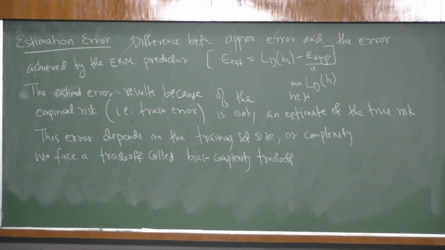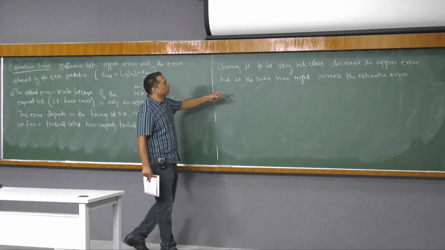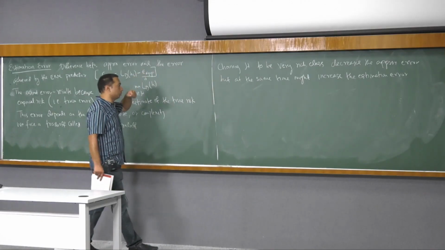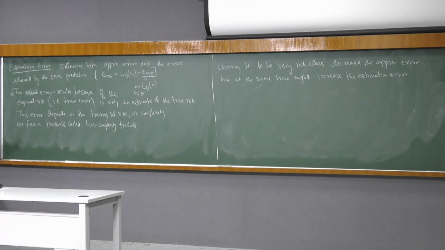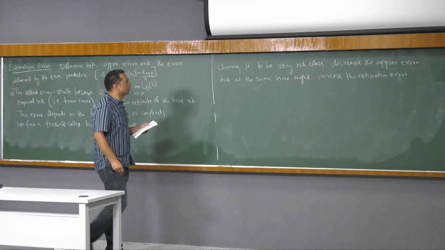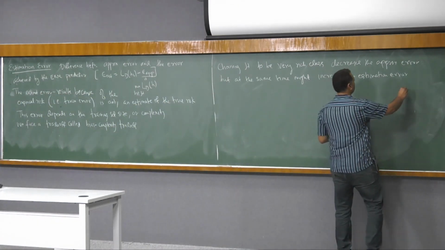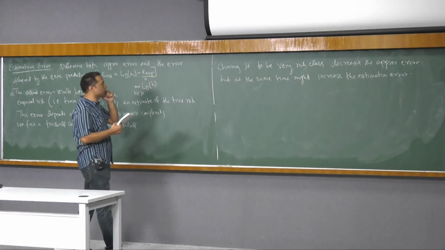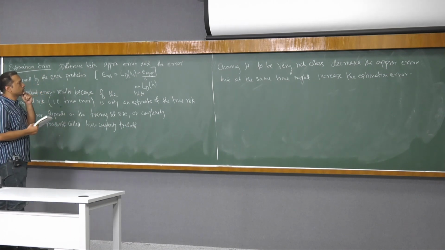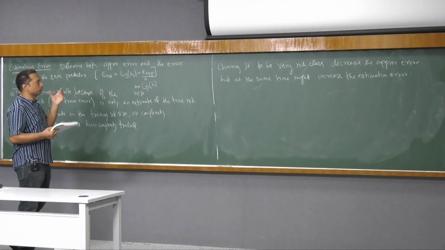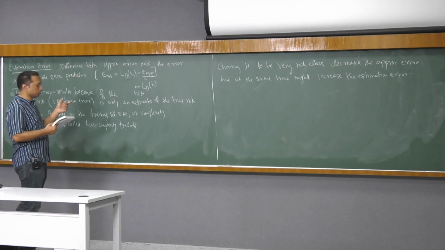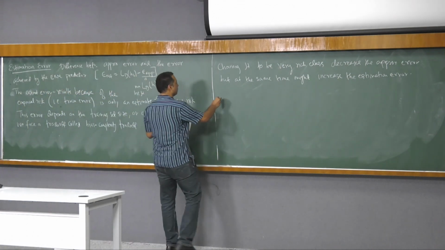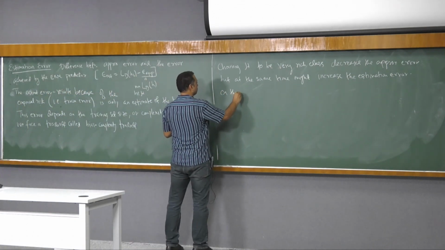When I restrict H to be very small, approximation error is going to be big. I'm thinking of some examples for this. Let's see if I can cook up some example here. Let me think of an example, but in the meantime I will put some important notes here.